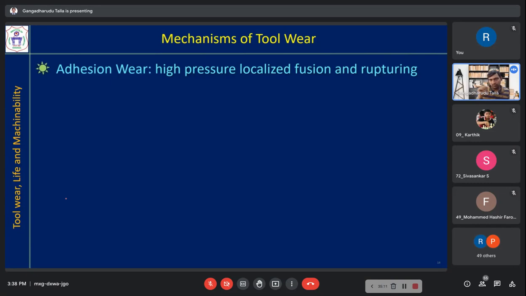Localized fusion takes place between the rake surface and the chip. There will be some sticking action, and after sticking, the chip will try to move away. In that process, there will be a rupture between the rake surface and the chip, and a very minor amount of tool material will go away with the chip. That is adhesion wear.